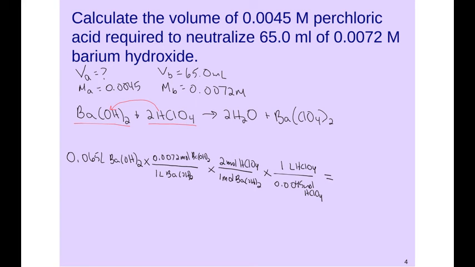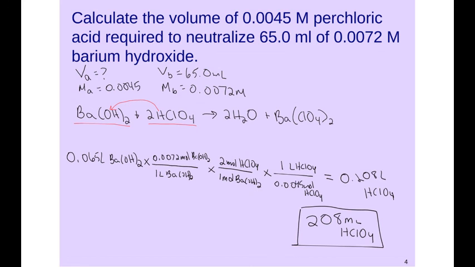Multiply the top, divide by the bottom, we get 0.208 liters. And we should report our volume in the same unit we were given. So we are going to say that that is 208 milliliters of perchloric acid are needed.